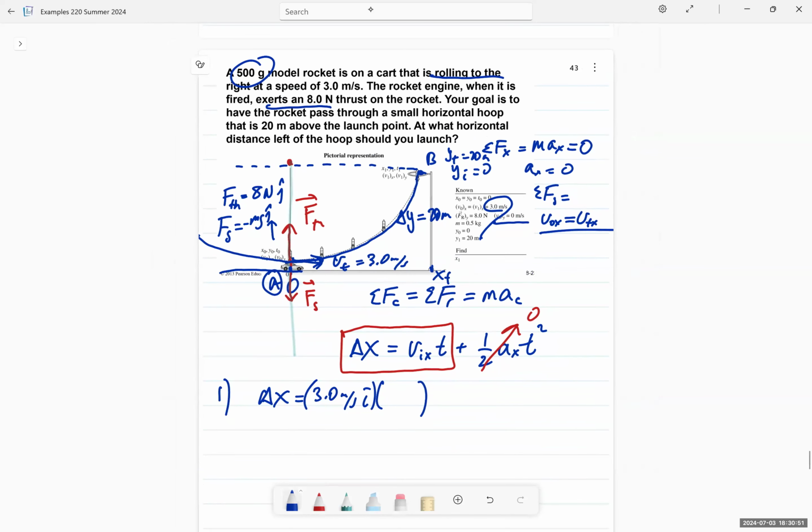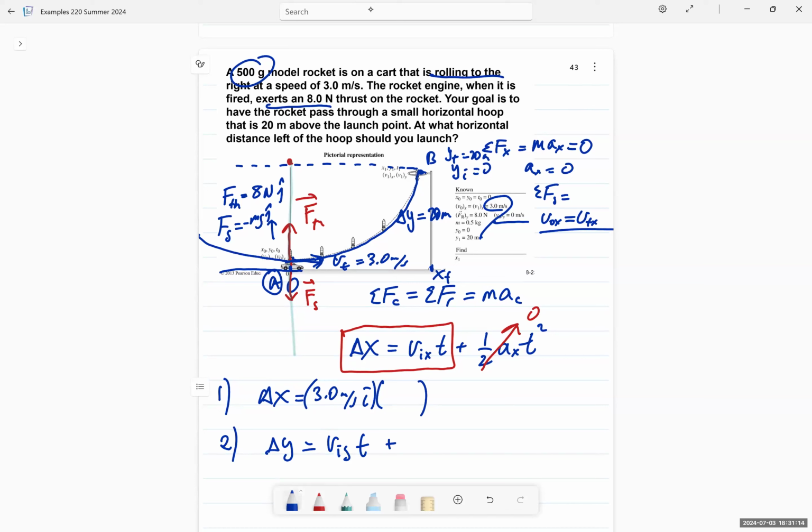If I want to find the time, since in the x direction I have only one equation and I'm using that, and I don't have enough variables, I have to look at the vertical direction. In the vertical direction, equation 2 I can use is delta y equals initial velocity in the y direction times time plus 1/2 times vertical acceleration times t squared.